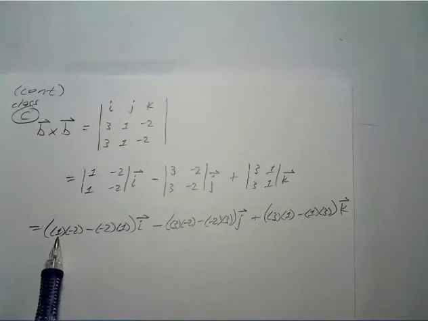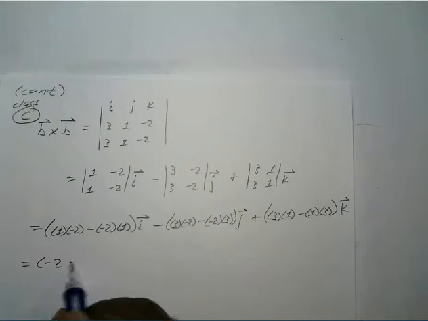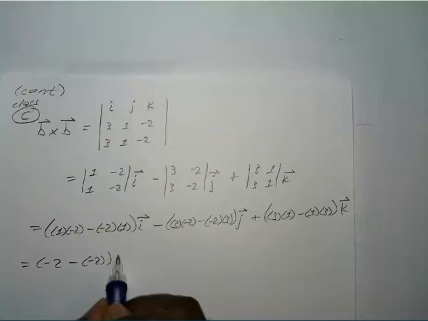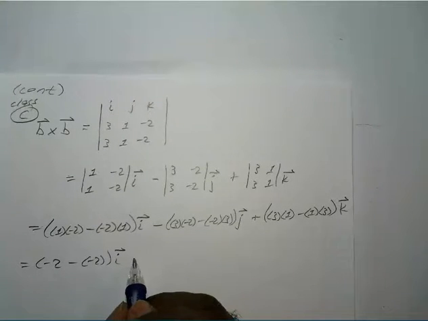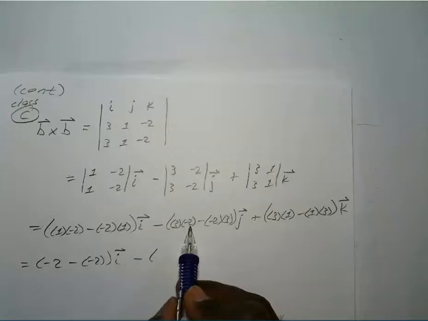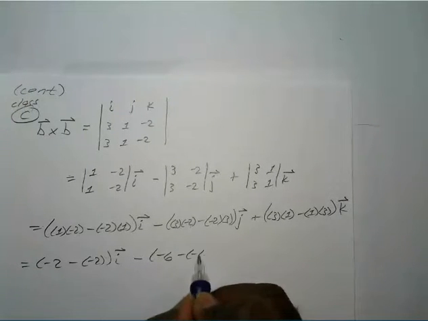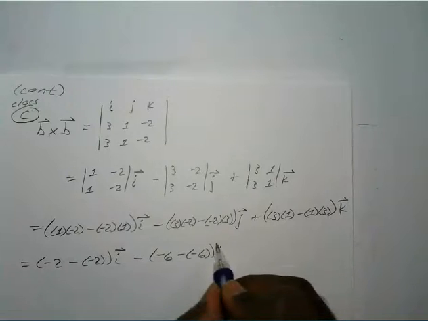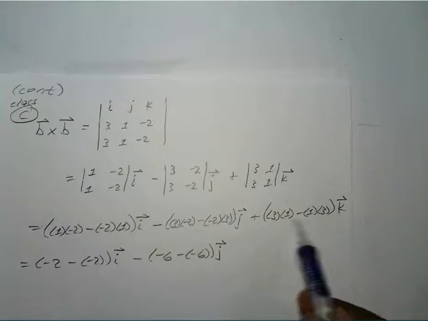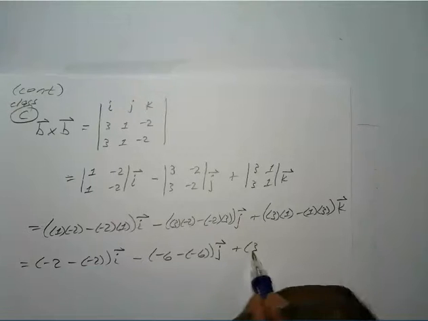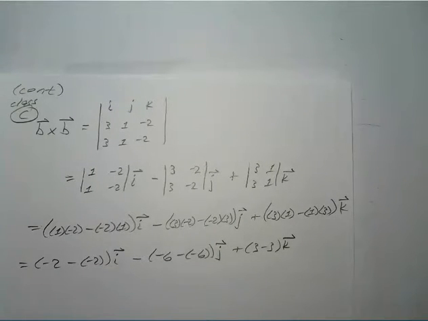Okay, so we end up with -2 minus -2 times our I vector, minus -6 minus -6 times our J vector, then we have 3 minus 3 times our k vector.